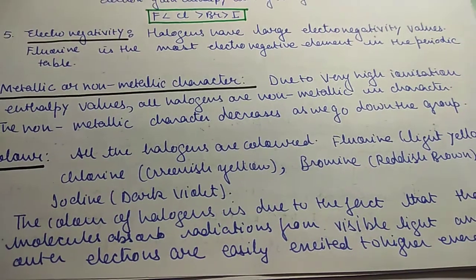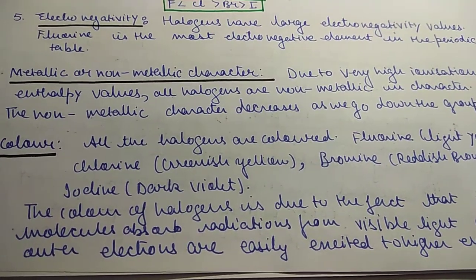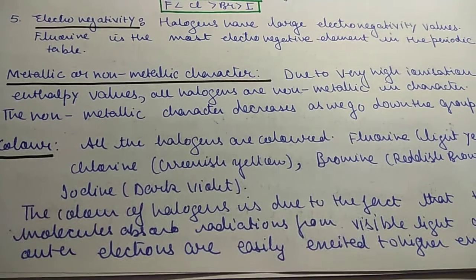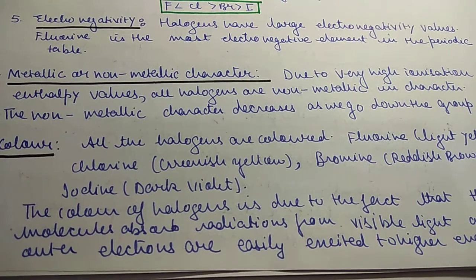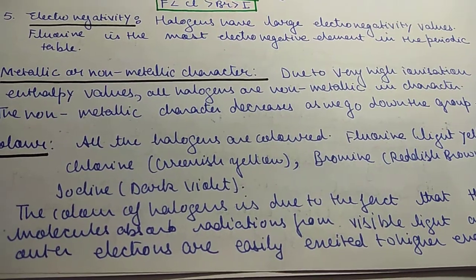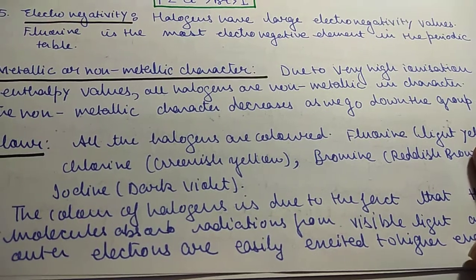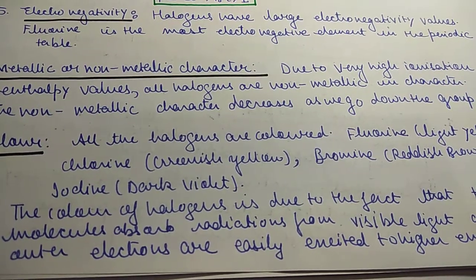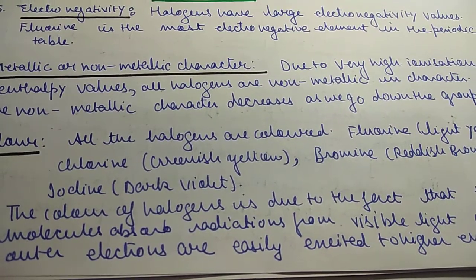Metallic or non-metallic character. Due to very high ionization enthalpy values, all halogens are non-metallic in character. The non-metallic character decreases as we go down the group. So all halogens are non-metallic in nature because they have very high ionization energies, meaning very little electropositive character.